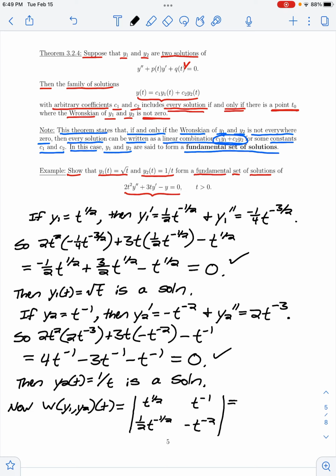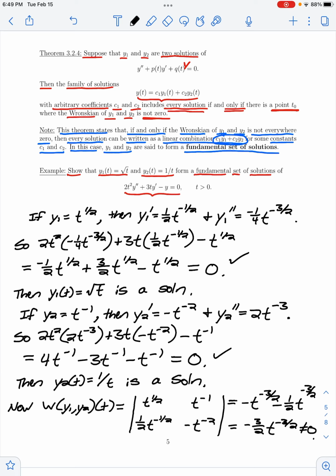So taking our determinant for the product of the diagonals, we get negative t to the negative 3/2 minus, for the product of the off diagonals, we have 1/2 t to the negative 3/2. And so summing them gives us negative 3/2 t raised to the negative 3/2 power, which is certainly not equal to 0.